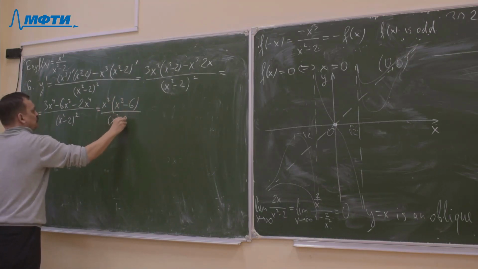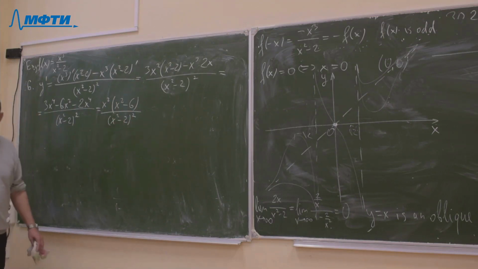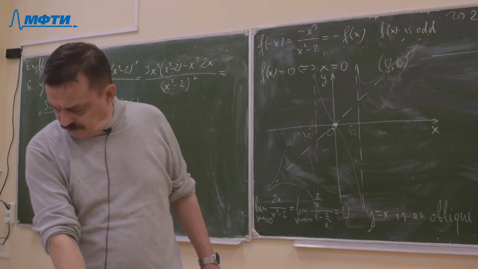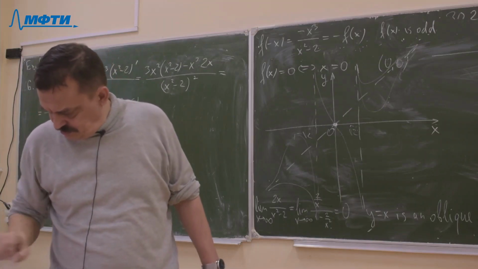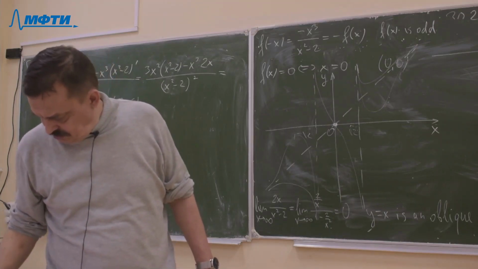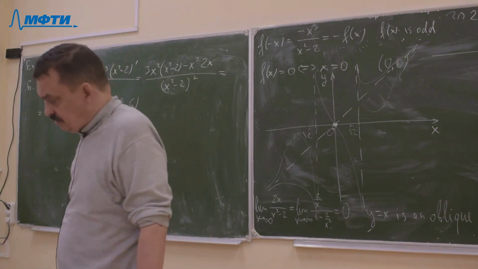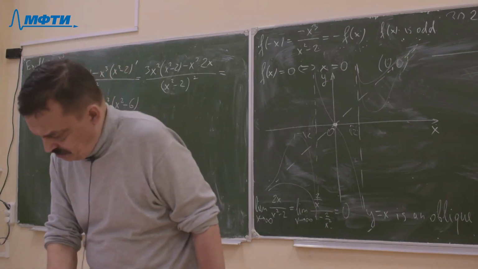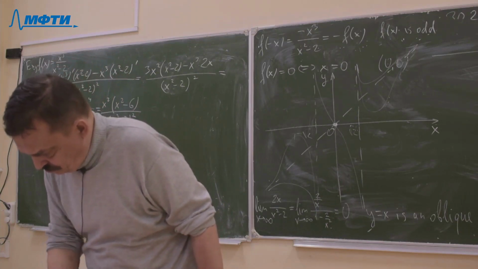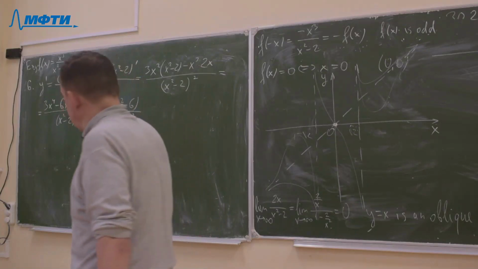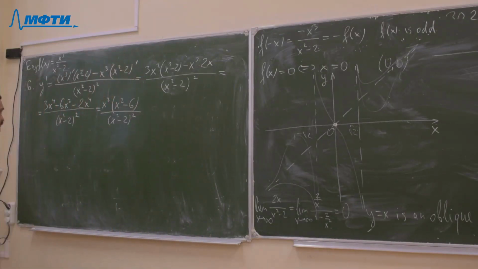Over x squared minus 2 squared, right? I have computations here. Let me check. Oh my god, I changed slightly. Okay, so it means I considered a slightly different example. Doesn't matter. So then we have this.